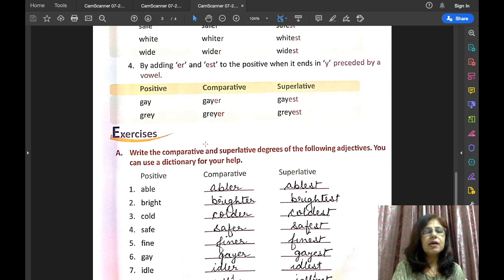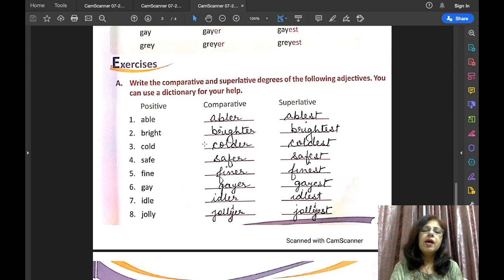So let us do the exercises. Exercise A, write the comparative and superlative degrees of the following adjectives. You can use a dictionary for your help. So here all the positive degrees are written. You have to make comparative degrees and superlative degrees.